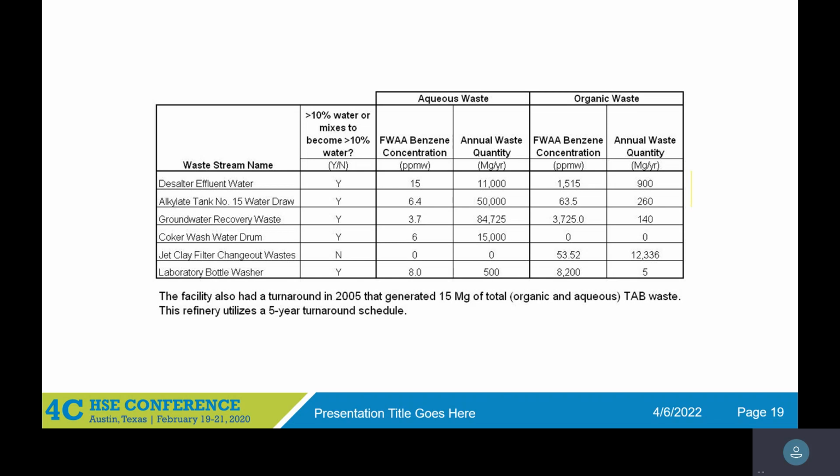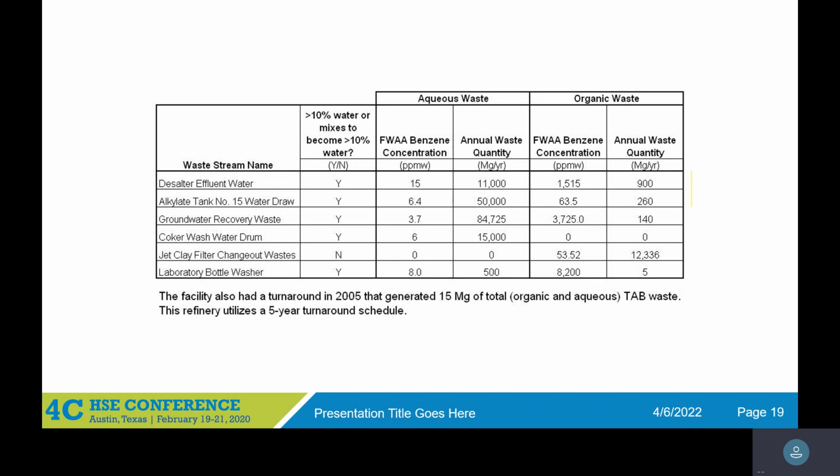So you would take 15 divided by a million times 11,000. And that will give you megagrams per year of benzene, because this is megagrams per year of flow. And this is what makes it just the portion that is just benzene, right? So you would do 15 times 11,000. That should give you 0.165, right?